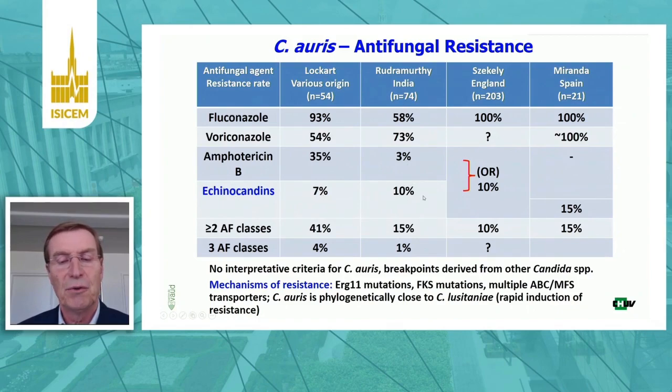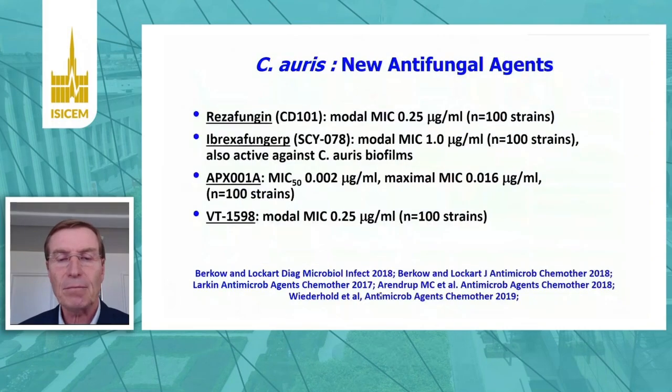It's sensitive to the echinocandins, although we have now reports of increasing resistance. And as you can see here, Candida auris was resistant to 2 or more antifungal classes in a high proportion of patients. And there are various reasons for these mechanisms of resistance, and I'm not going to go into that.